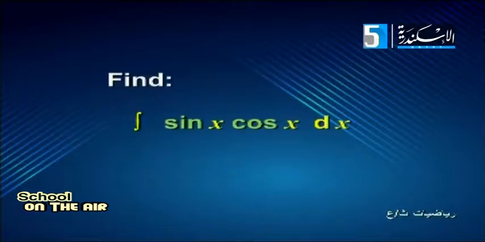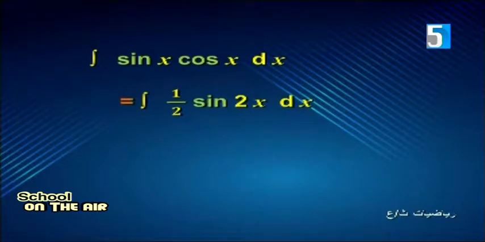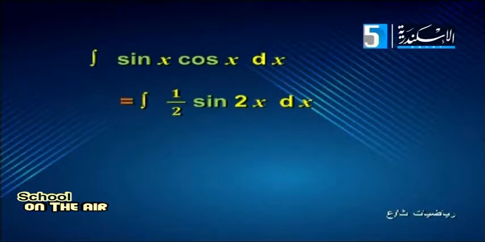Find the integration of sine x times cosine x dx. We know that sine x cosine x equals half sine double x, double the angle x. Then the integration of sine x cosine x dx equals the integration of half sine 2x, because we have a rule to integrate sine 2x.